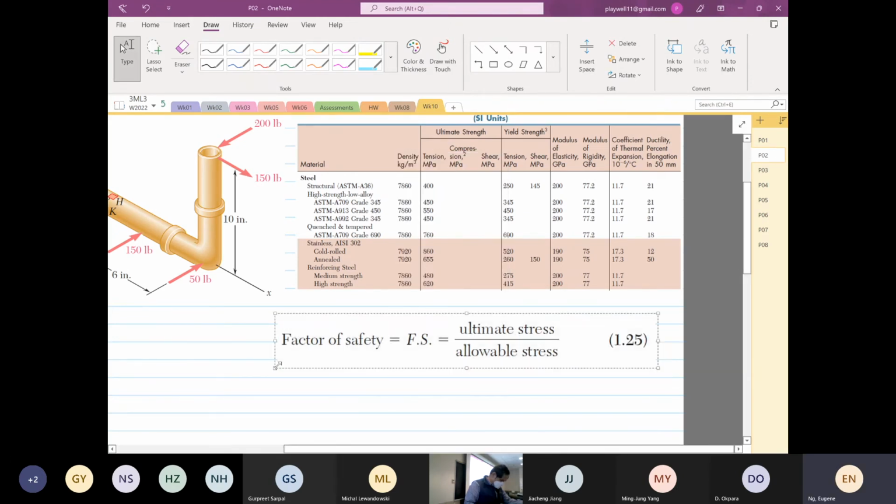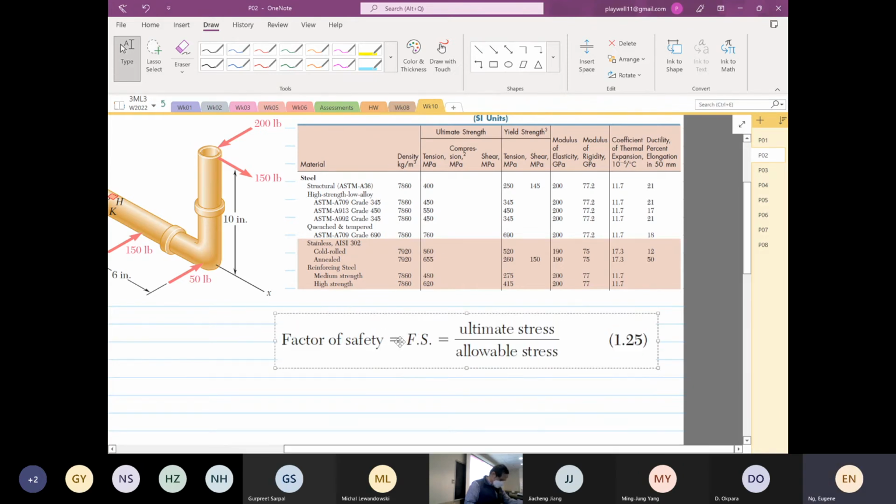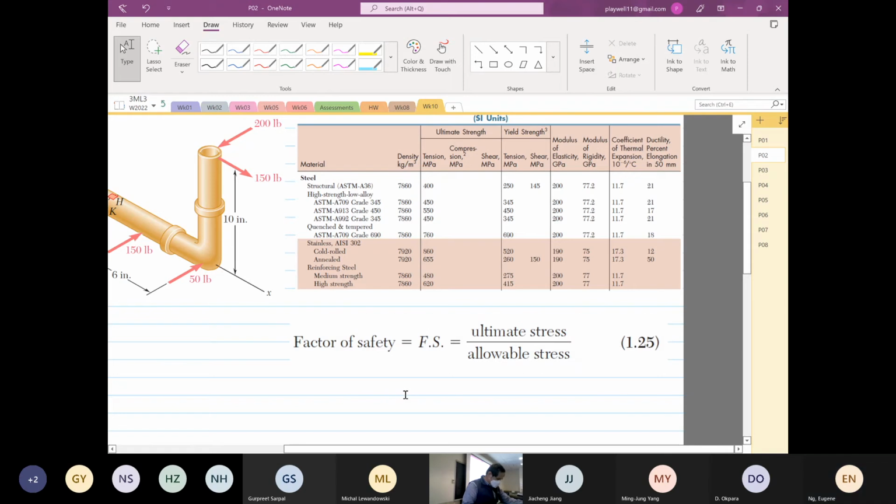So from the textbook, it states what? You can see for yourself that the factor of safety is equal to the ultimate stress divided by the allowable stress.